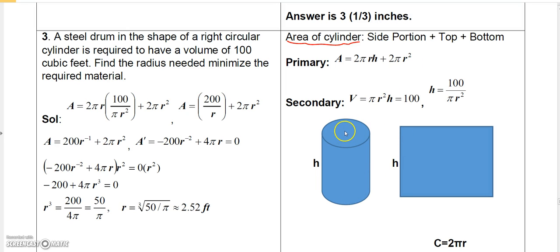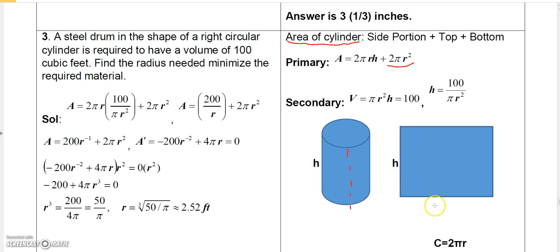You would just have pi r squared on top and pi r squared on bottom, so you have pi r squared plus pi r squared, which gives 2 pi r squared. But what about the side portion? Well, let's say you took a soda can and cut the top out of it and the bottom out of it, and then you cut that cylinder straight down and unfolded the side.